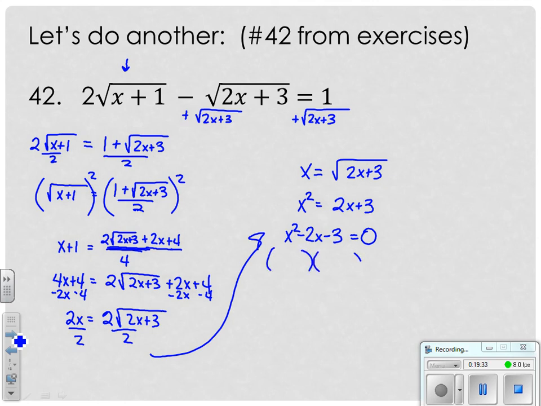Crazy enough, it has simplified down to this. A minus 3 and a plus 1 will finish this off. Solutions: 3 and negative 1. Now for time issues, you can check both of them to make sure that neither of them are extraneous. And this time, I'll just give you that one. They both work.